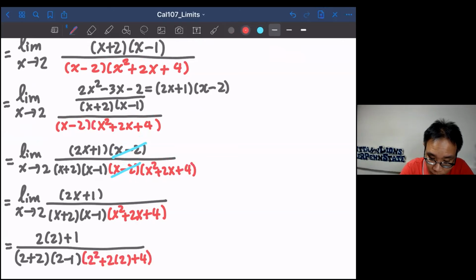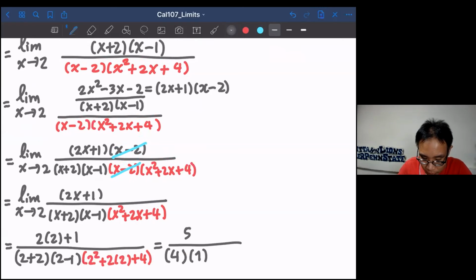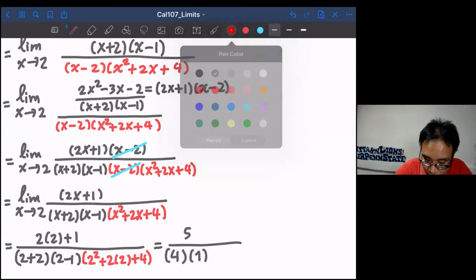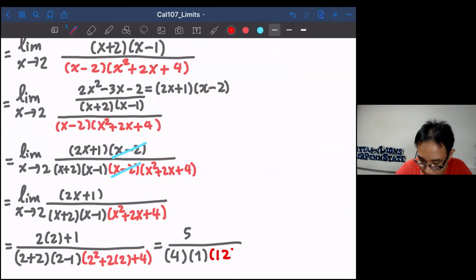So this will be 5 over 4 times 1 times 12.